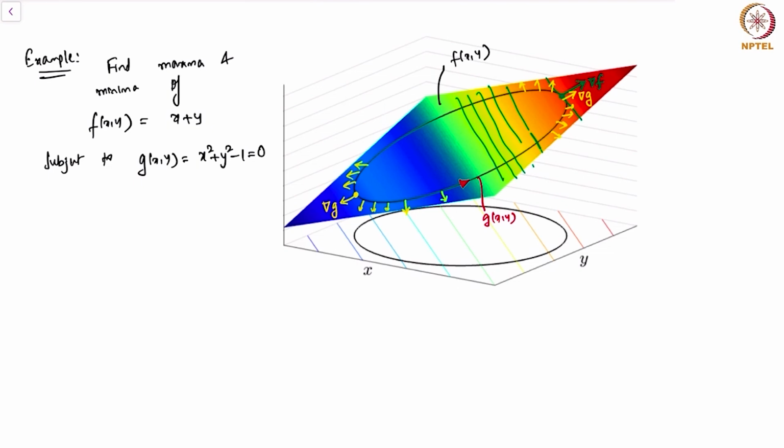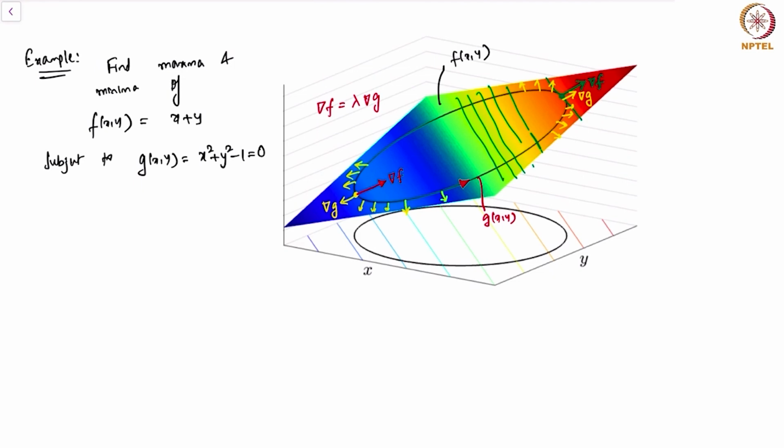And the gradient of f, on the other hand, is anti-parallel in this case. So the gradient of f and the gradient of g are parallel or anti-parallel to each other, and therefore I have gradient of f is lambda times gradient of g, exactly at the maxima and the minima.